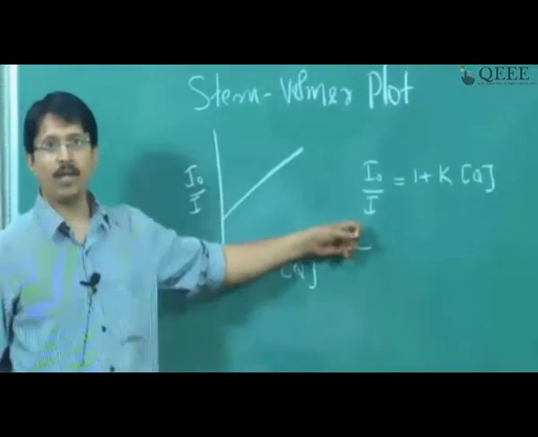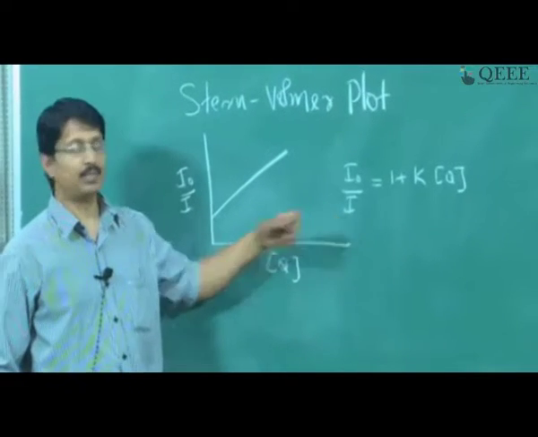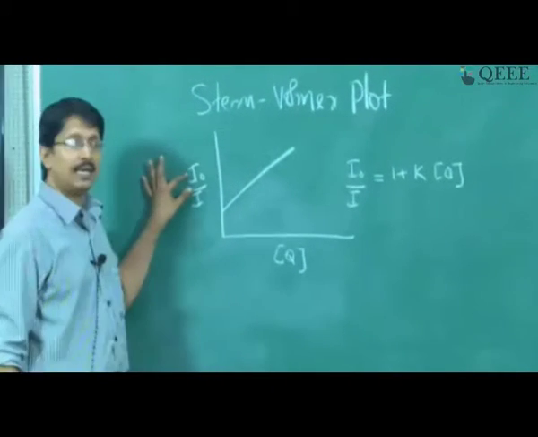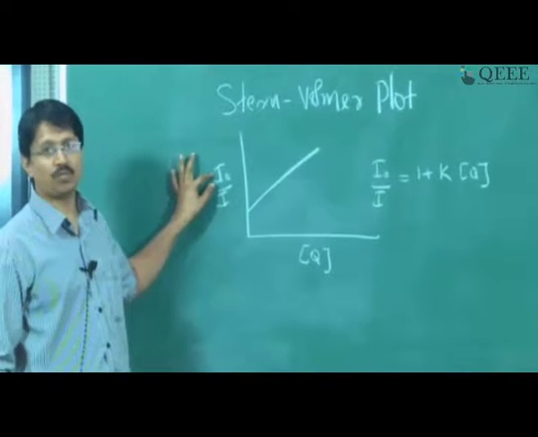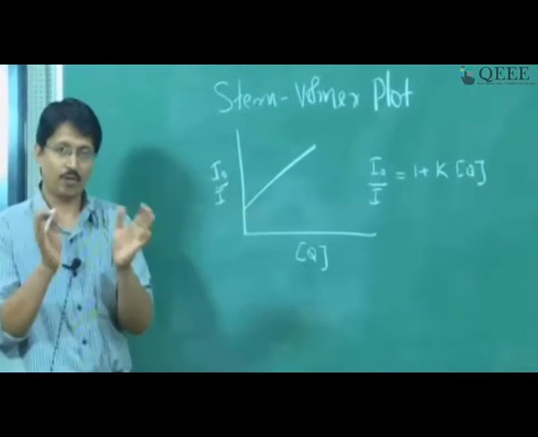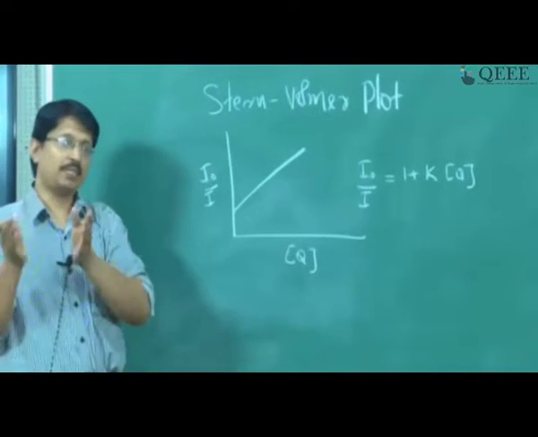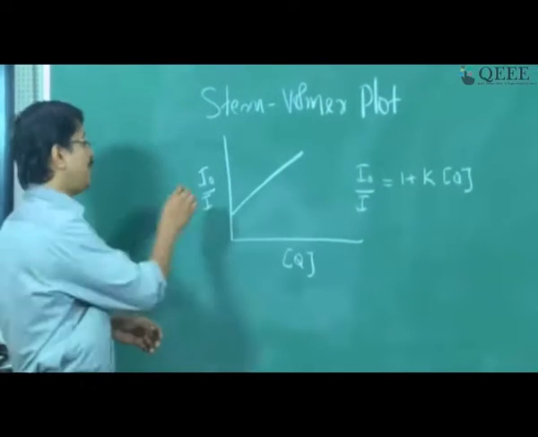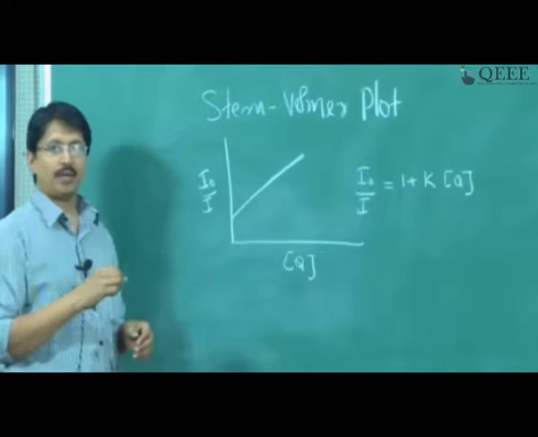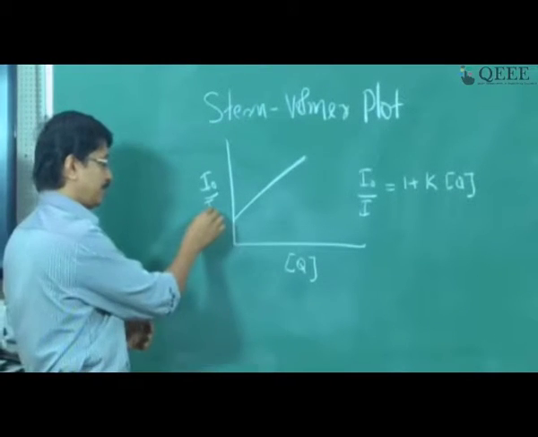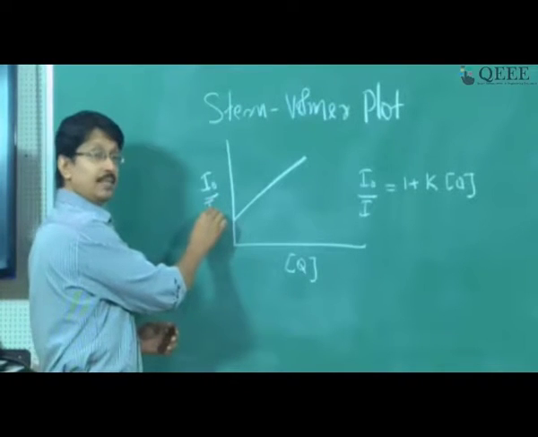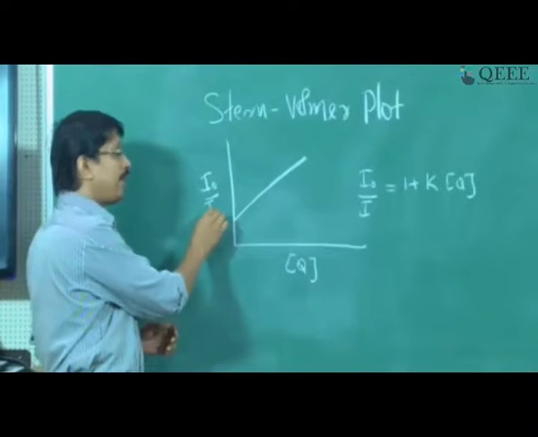It's like y is equal to mx plus c, a straight line equation. I0 is the intensity of the emitted light in the absence of quencher. That means only fluorophore if you take and you measure the intensity of the emission, that value is I0. When you add a particular amount of quencher concentration, the intensity is going to decrease. So that value is I.